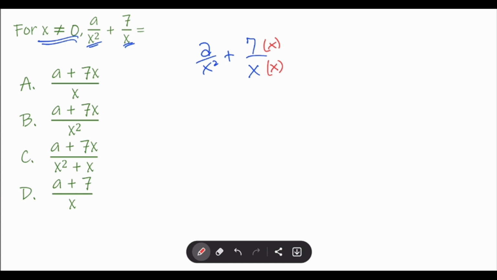It's fine to do that as long as you do the same thing on top and the bottom, because it's the same as multiplying 7 over x by 1, since 1 can be expressed as x over x, or any number divided by itself. So that's why it's just multiplying by 1. All right, so let's continue.